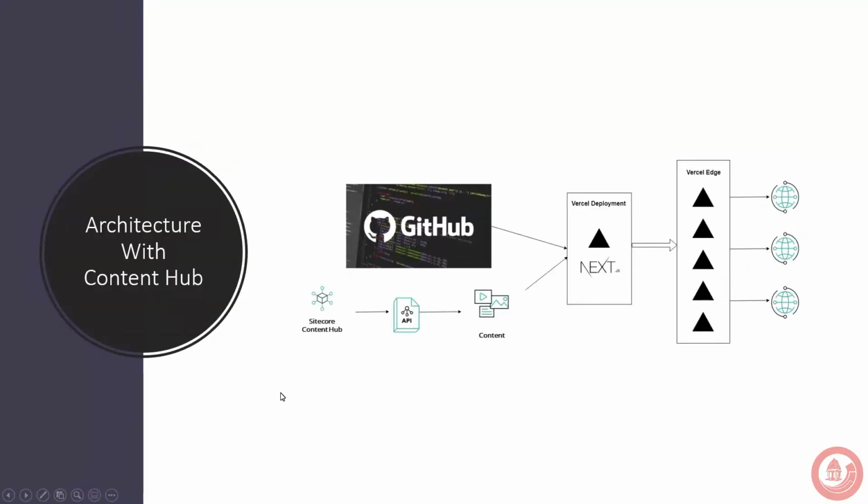So now think about, we are replacing JSON server with Content Hub. If we do that, then Content Hub will take the place of JSON server, and I can create the content in the Content Hub, and the Content Hub API will return the content, and I can use that in my Next.js application and build my static website from that.